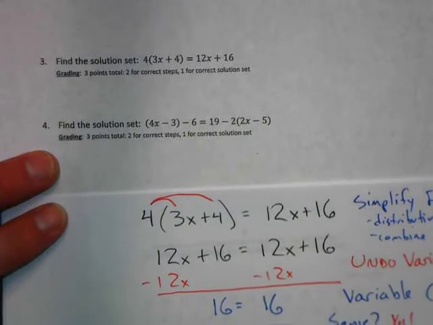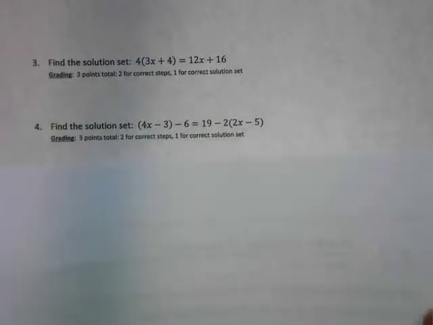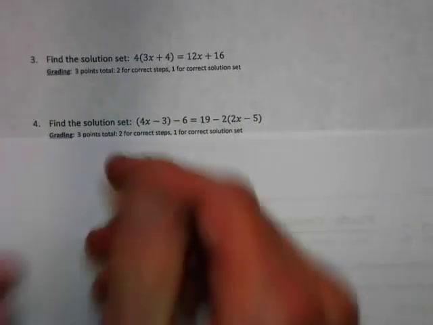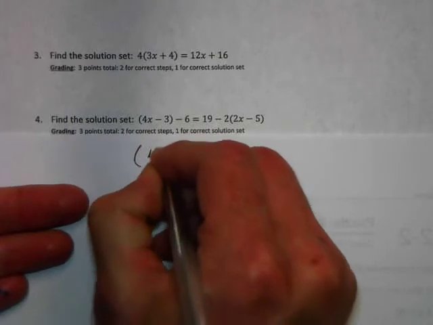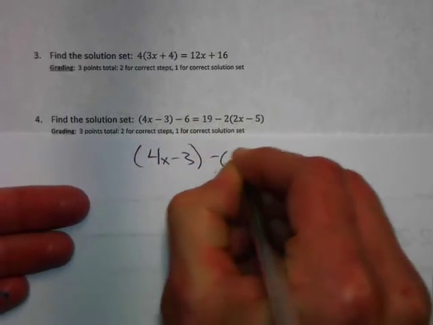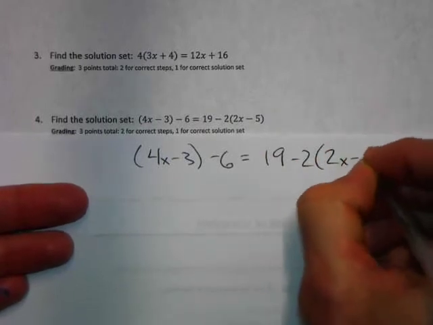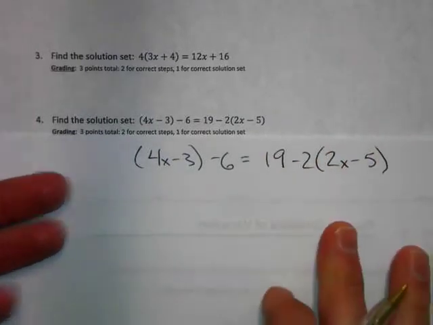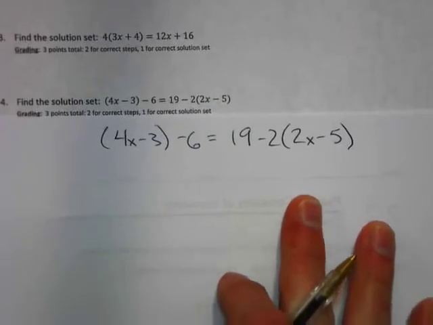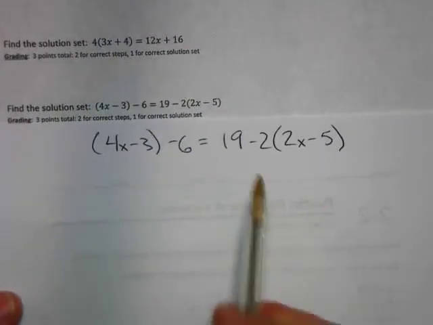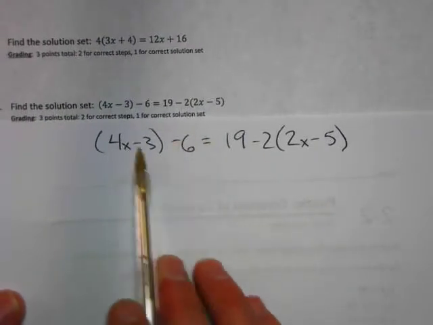We're going to use those same skills, and we'll move on to number 4, because this is a crazy looking equation. And so the first thing we can do, remember, is to simplify first. Use the distributive property and combine like terms. And the first mistake that students make is looking over here on the left-hand side.